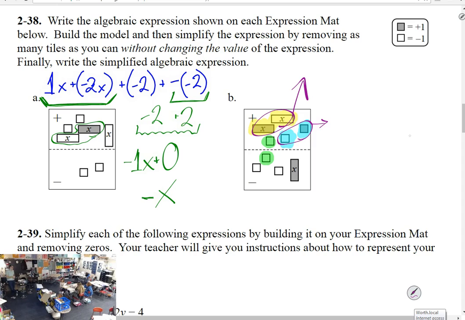Then we've got the evil twin. So we have the -x and the opposite of the -x, which again are opposites. They're not on the same side, but they're on opposite sides of the mat, which means they are opposites. They cancel, they equal 0.